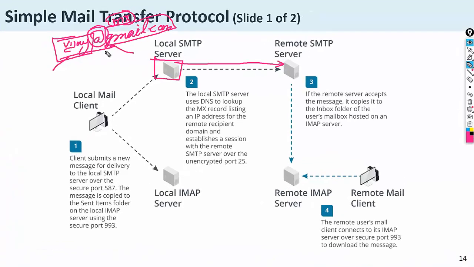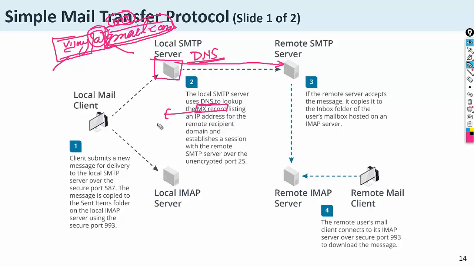So when I am sending mail to Gmail or Yahoo or any other SMTP server, the first process that happens is a DNS lookup. DNS lookup, all of us know. When we do the DNS lookup, there is an MX record. We have already discussed this record.